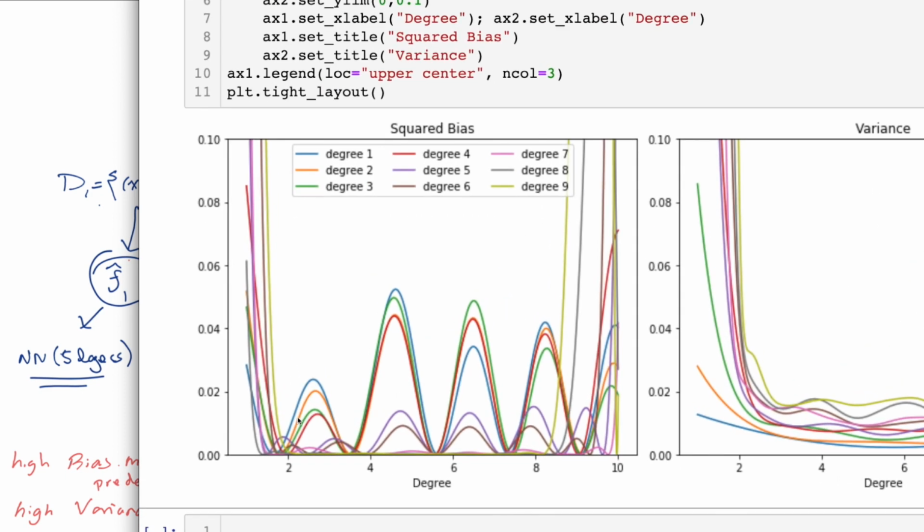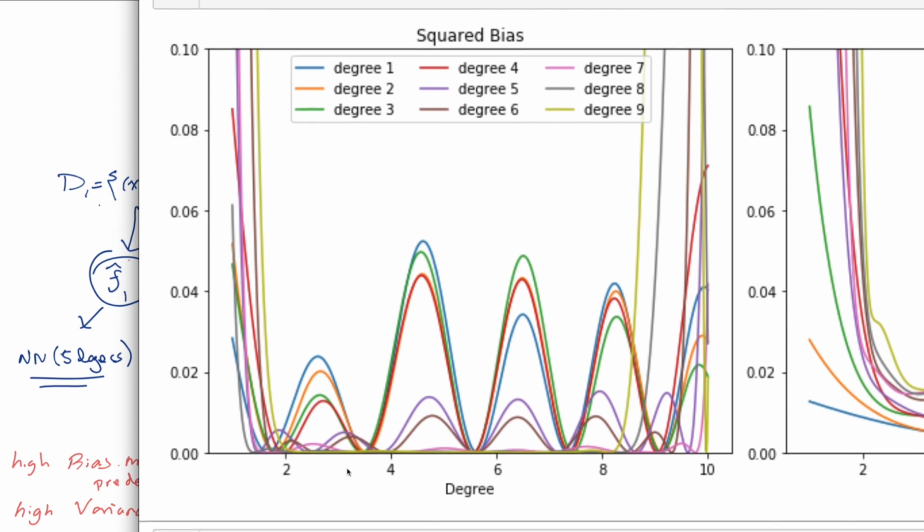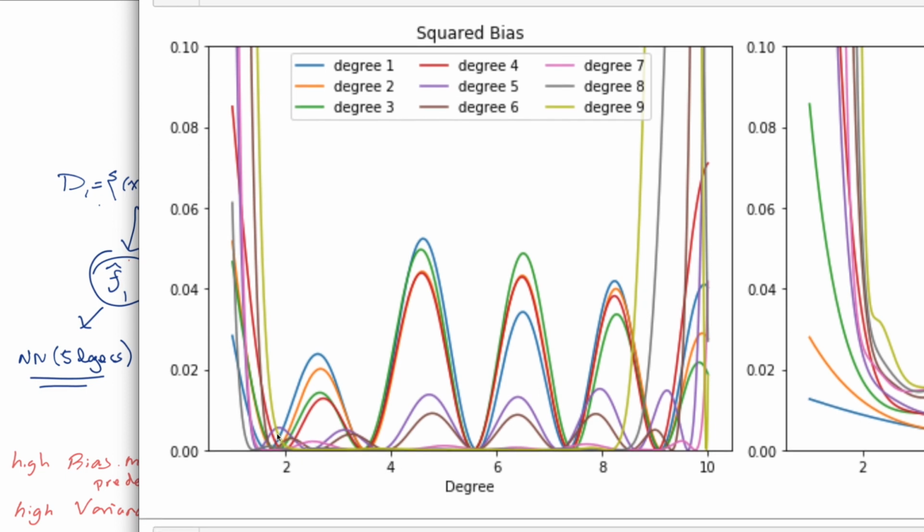Obviously you're not going to get a picture that's perfect in these cases because there is randomness, but you should see that the lower degree models, so blue, orange, green, are generally at the top of the bias curves. They're getting really high bias. And if you look at the bottom here, it's kind of hard to see, but the pink and this olive color and gray color are really low at the bottom. These are the high degree models.